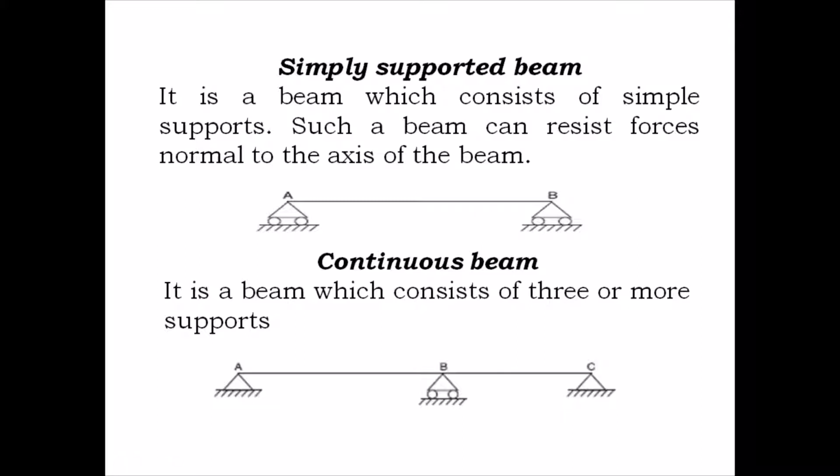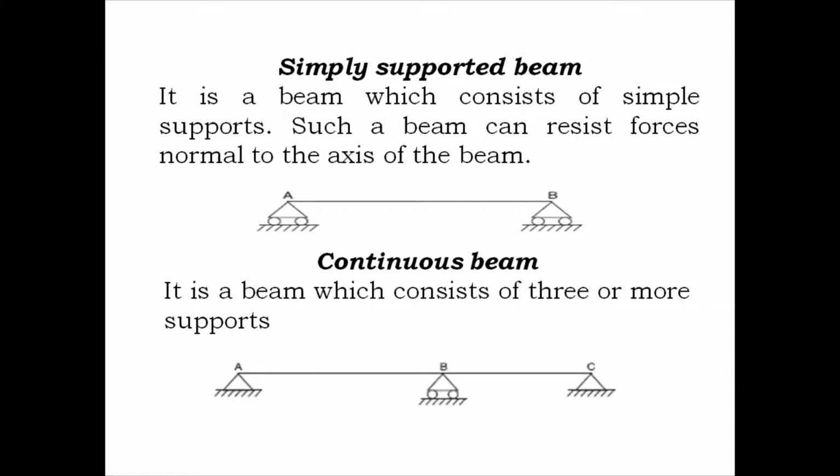The supports may be either roller or hinged. The end support conditions here are shown as roller, but they can also be a hinged type of support. But always the supports will be at the end of the beam. So that is what is called a simply supported beam.